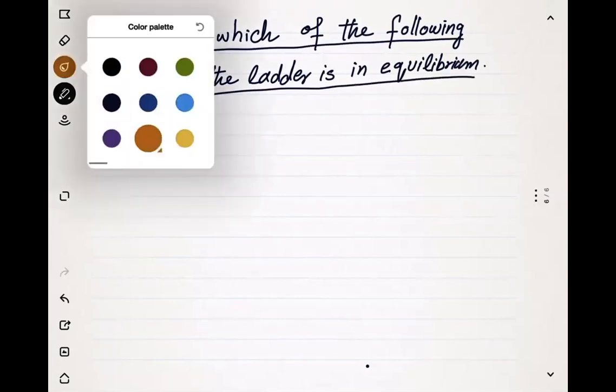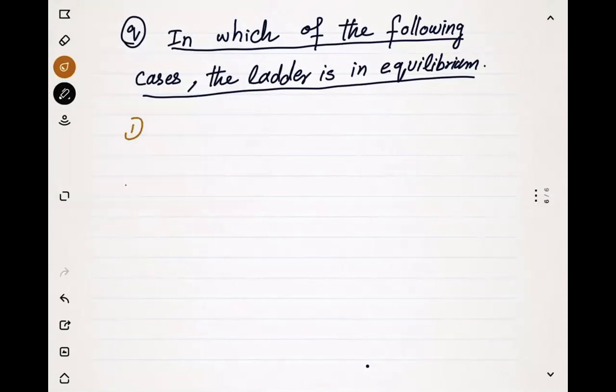The first case is number one. When you have a ladder and it is balanced, here you have the ladder, and this ladder is balanced against a smooth ground and a smooth wall.